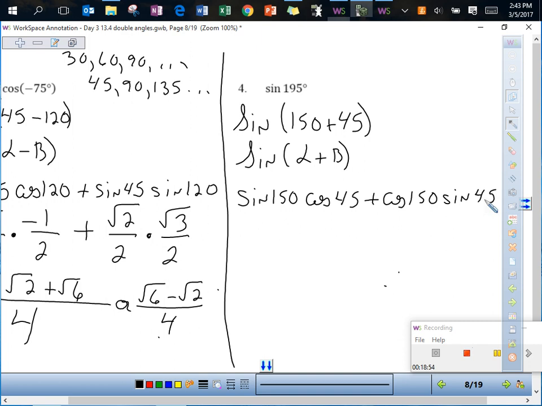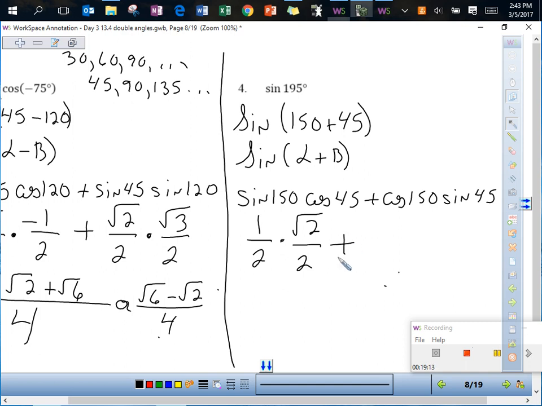Now you'll grab your calculator and go to work on it. When you hit sine of 150, you're going to see 0.5. Have you got cosine of 45 memorized yet? Radical 2 over 2. Then there's a plus sign.